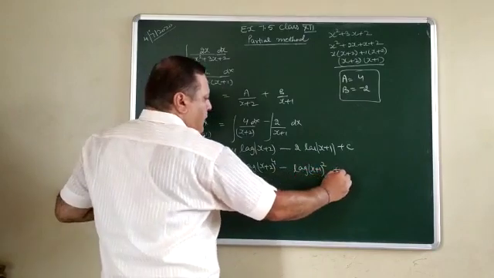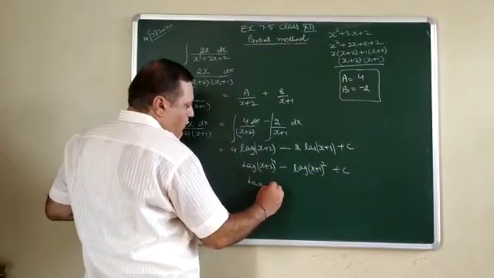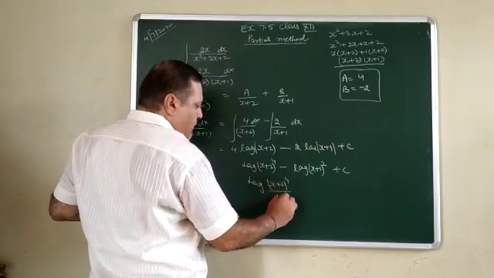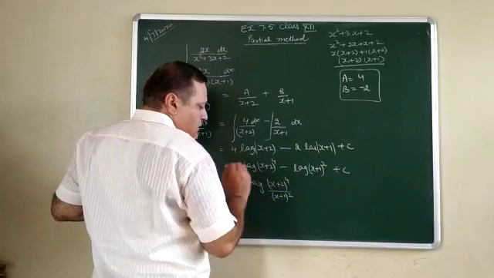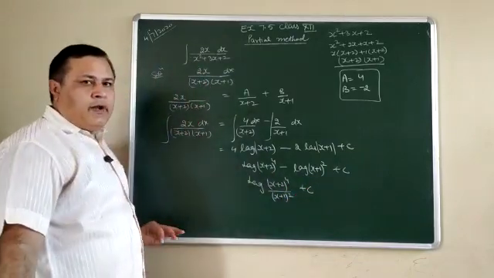Again you can apply the property of log m minus log n. It is log of (x plus 2) to the power 4 upon (x plus 1) to the power 2, plus c, where c is called the constant of integration.